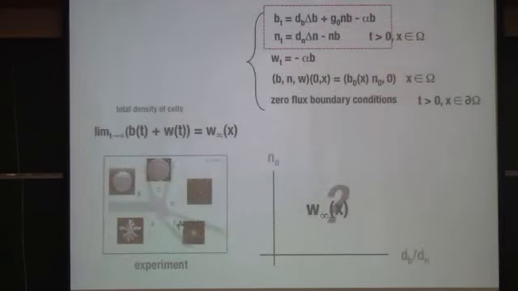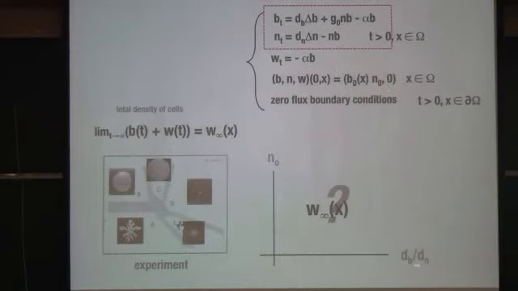Then a mathematical question is the following. We already know this one, okay? And this axis is the softness of agar, and this is the initial nutrient concentration. And coming back to our model, this axis is N0, okay?